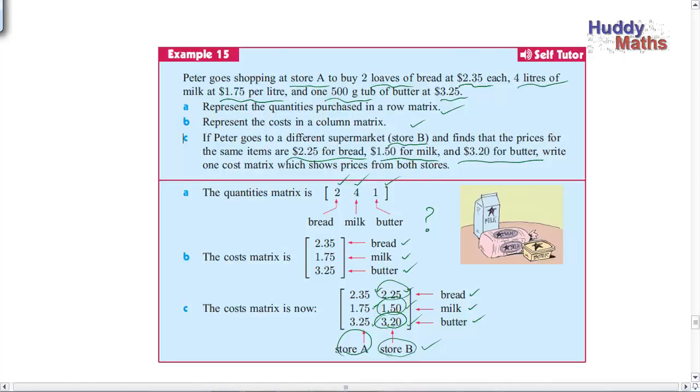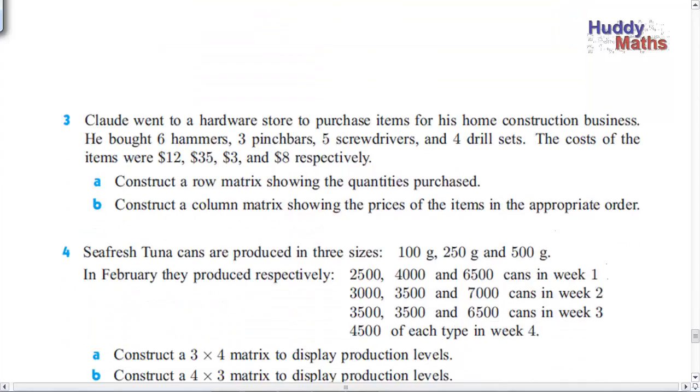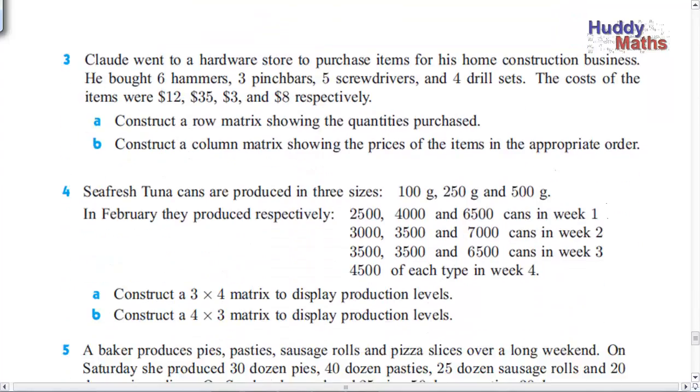Okay, come down and see if you can put some into matrix form for yourself. Question 3 and 4 here. This might give you an idea reading this. He bought 6 hammers, 3 pinch bars, 5 screwdrivers, 4 drill sets. Hey, what if he had several stores?